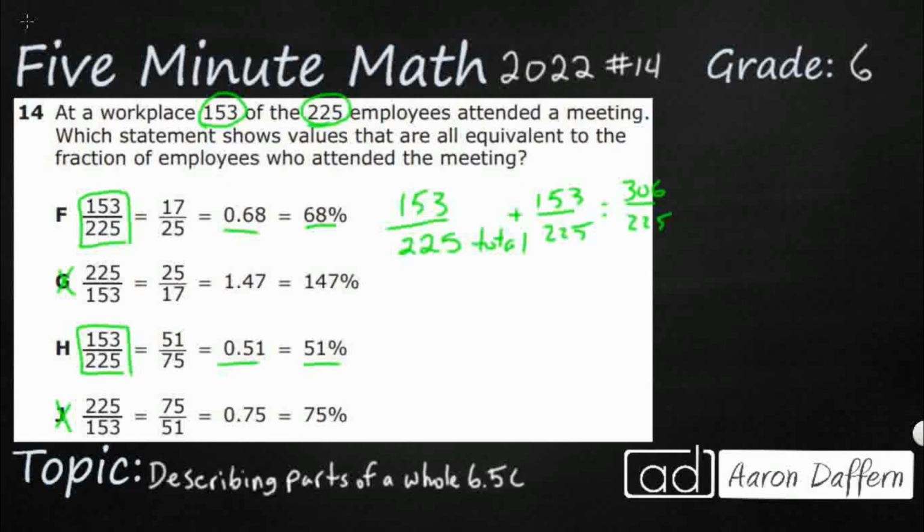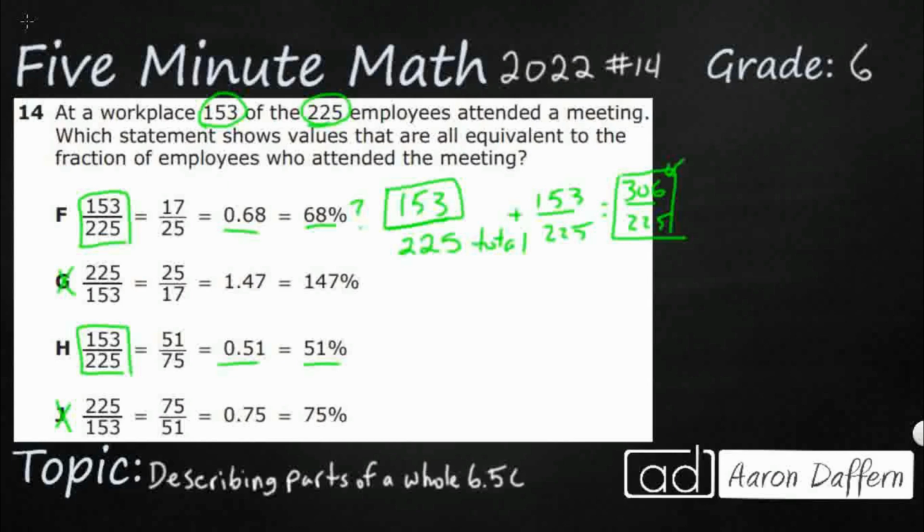Obviously that's an improper fraction, but what that tells me is that this 153 is bigger than half, and it's actually quite a bit bigger than half. Because if it was at about half, then if I were to double it, it'd be right around that same thing. So I'm leaning more towards this one right here, because this 51% is basically half. And if this 153 was half of 225, if I were to double it, it would get me really, really close to 225. And this is a lot bigger than 225.